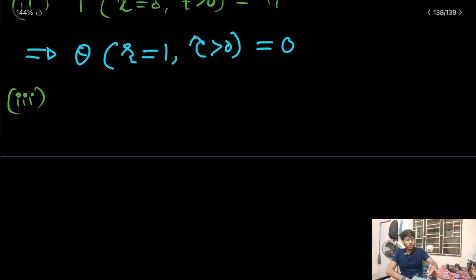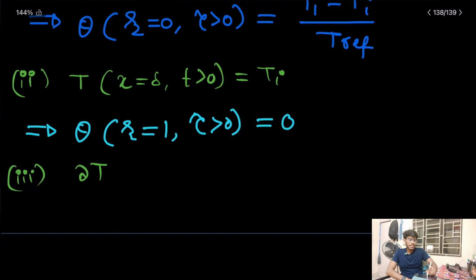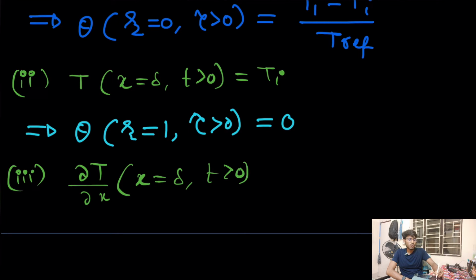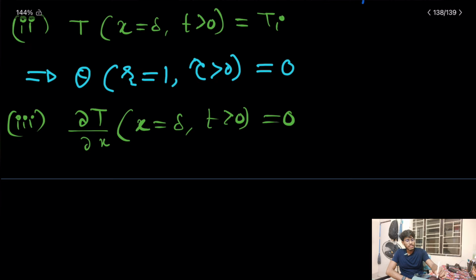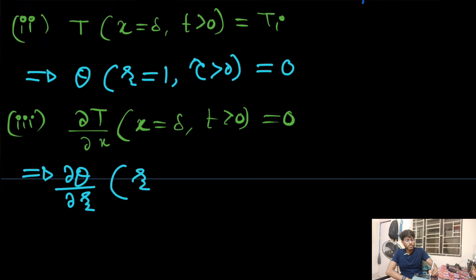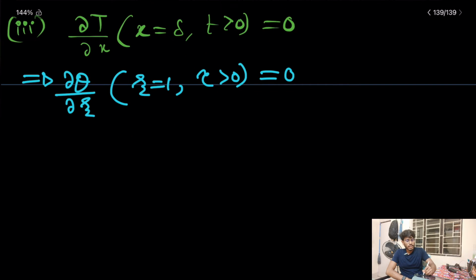And what else do we have? Del T del x at x equal to delta for any time t greater than 0 is equal to 0, and this will directly give us del theta del xi at xi equal to 1 and tau greater than 0 is equal to 0. Clear?